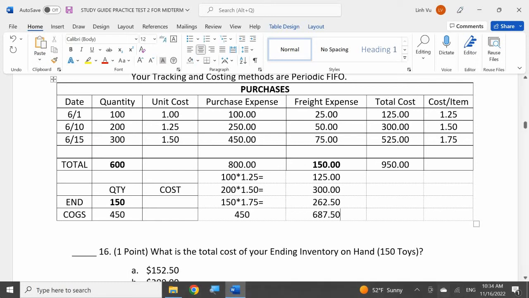And of course, you should have 150 left at $1.75. So you already did the calculation here. It will give you $262.50 left.